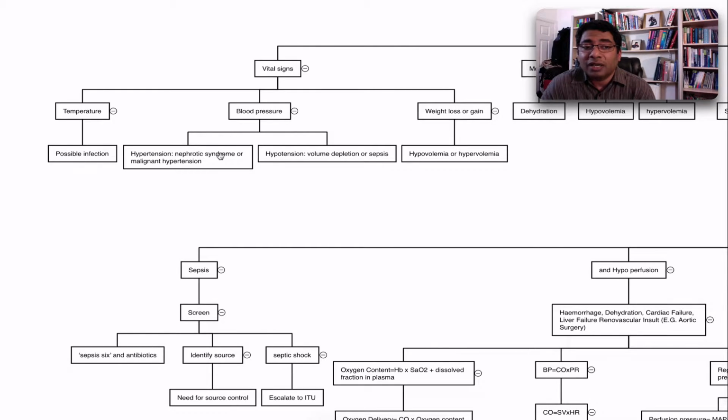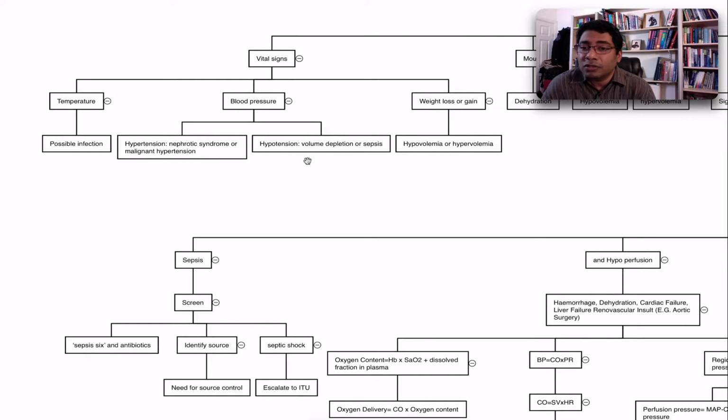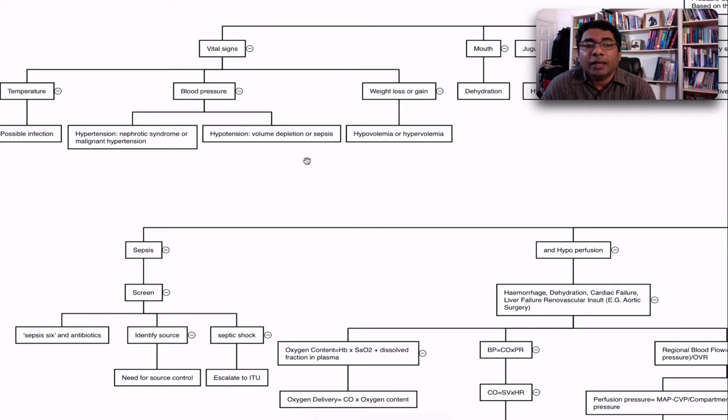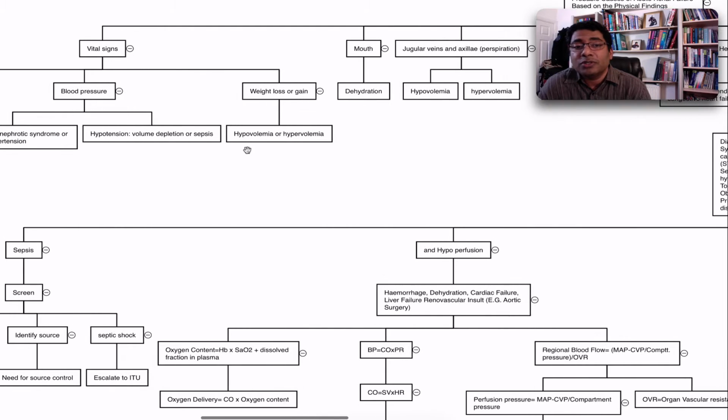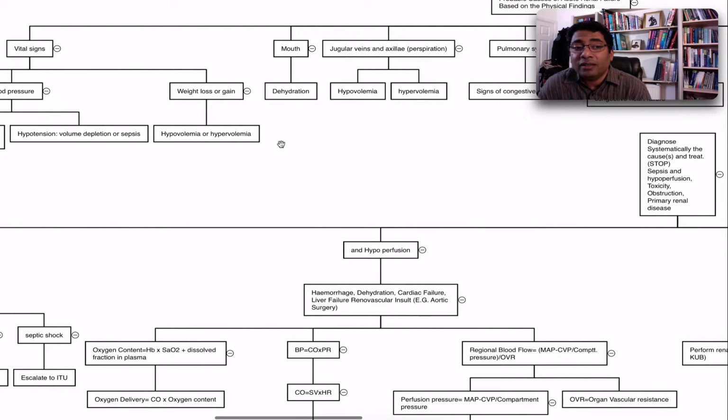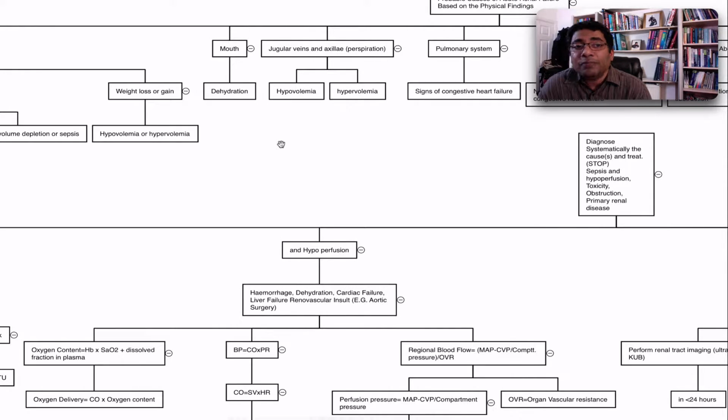If the blood pressure is high, then you have to consider nephrotic syndrome or malignant hypertension causing renal injury, and hypotension causing volume depletion or sepsis. If there's weight loss or gain, that helps check whether there's hypovolemia or hypervolemia.